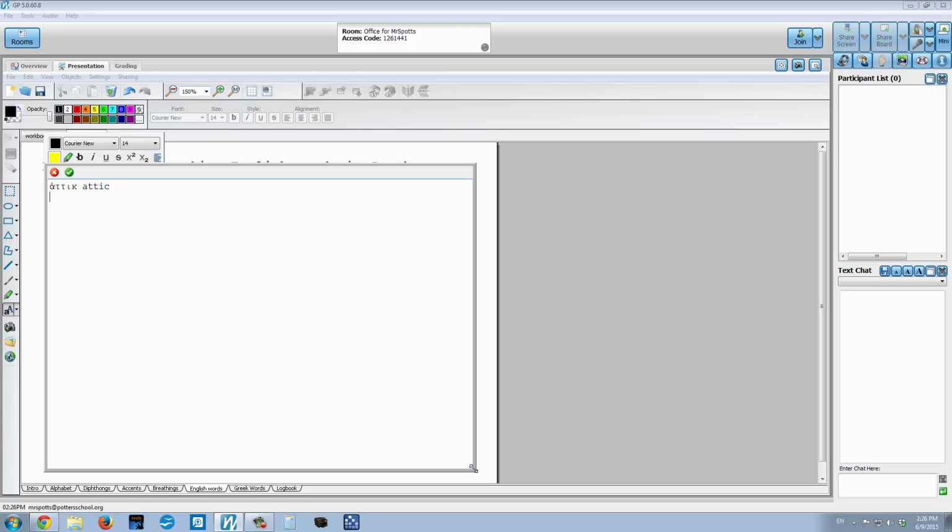Let's try another, like this one. Let's make some of those sounds. It's a delta, epsilon, d, e, sigma, kappa, desk.